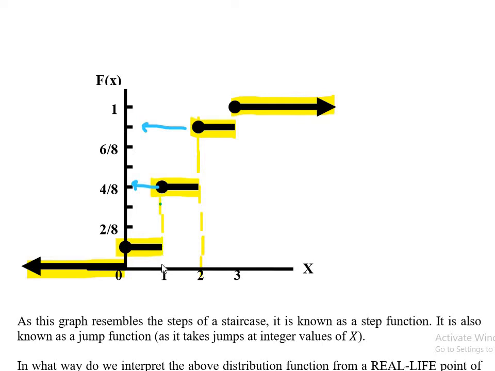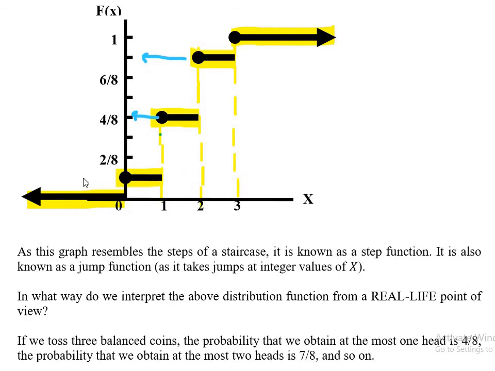At 3 we have 1, not 7 by 8, and so on. So see, this is a step function. They look like steps, right? So every time, the distribution function of a discrete random variable will be a step function.